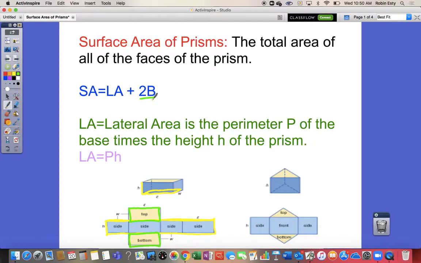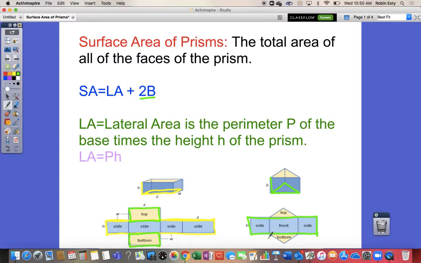Okay? And that is the same thing for a triangular prism. You would find the perimeter, and so if I were to stretch out the perimeter, it would be across here. You would multiply it times the height. That would give you the area of this right here.